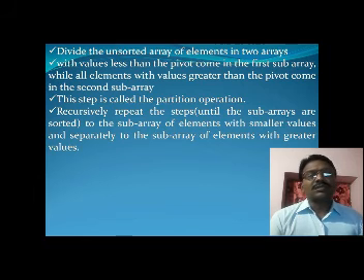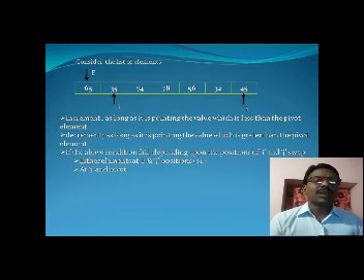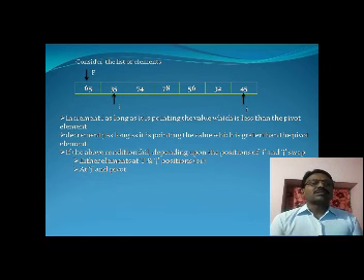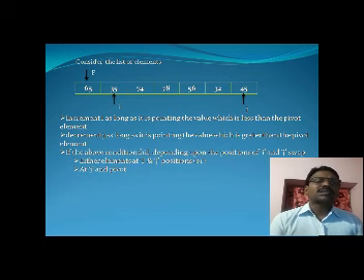I will consider an example. I am choosing 7 elements: 65, 35, 74, 78, 56, 32 and 45. There are mainly two rules.